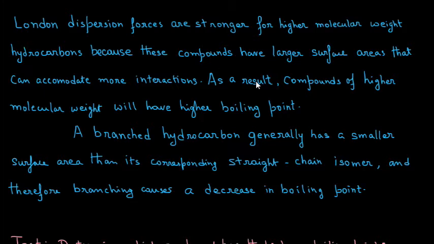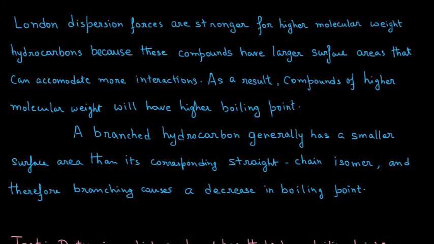Second, straight chain isomers will have a higher boiling point than the branched chain hydrocarbon, because the branched one will have less area for the same molecular formula.